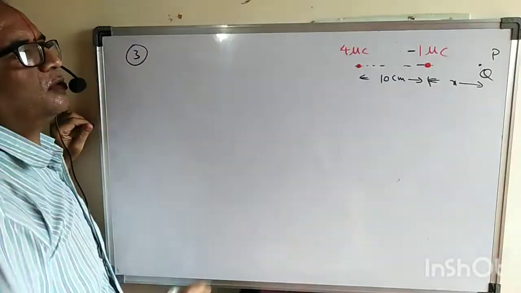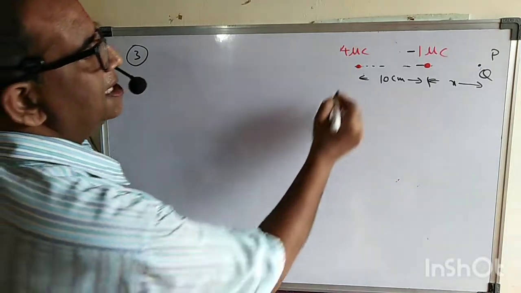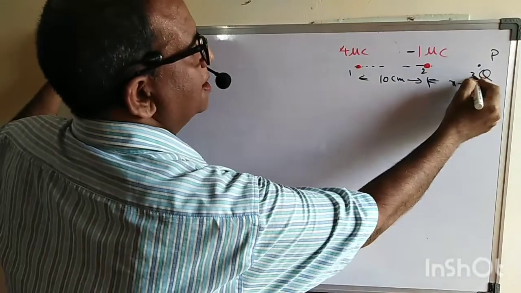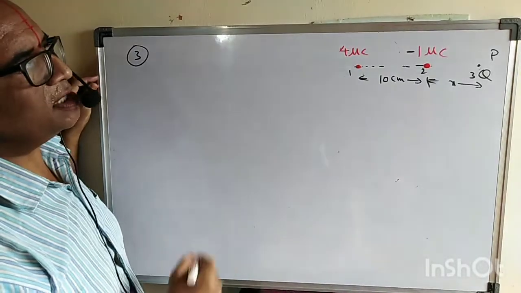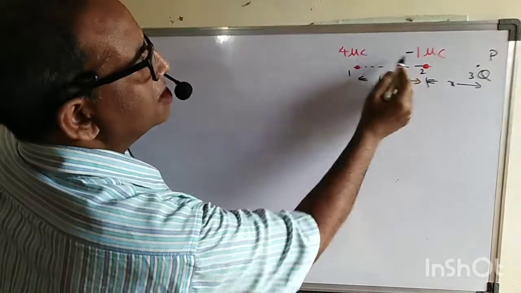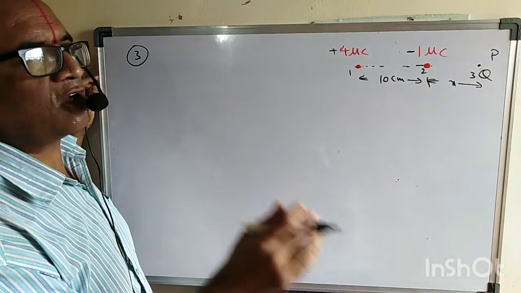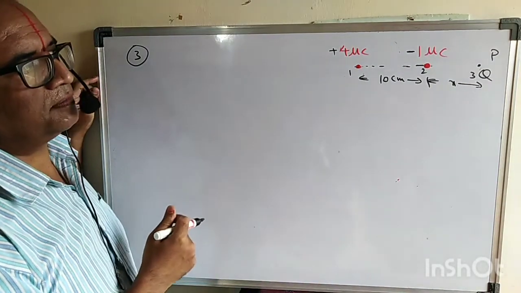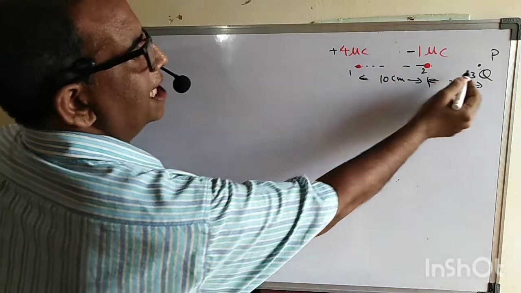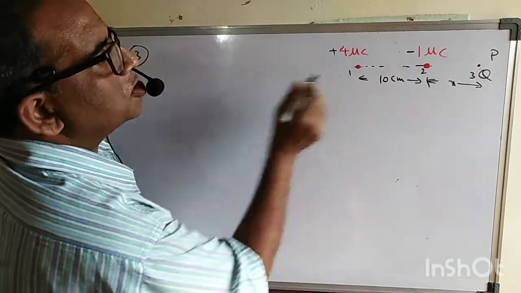Now tell me what will happen here. Say this one is 1, this one is 2, this one is 3. This one is negative, this one is positive. Remember, positive force is always outward and negative force is always inward. The negative charge will try to attract, and the positive charge will try to repel.